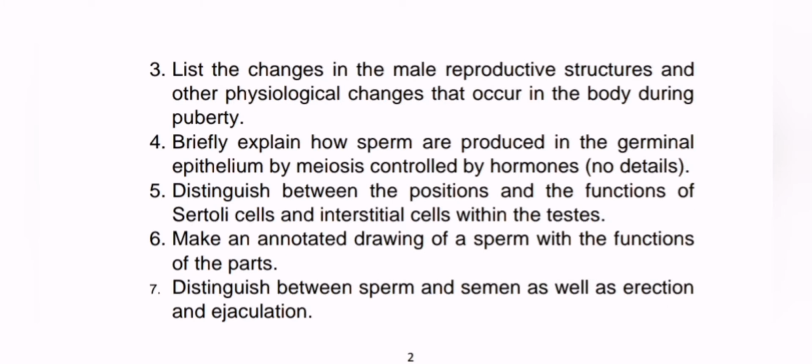So the question also says other physiological changes. So let's look at what hormonal changes get these changes in puberty. Why does this happen? There are certain hormones that are secreted that cause this. And it also kind of answers the next question, question 4.